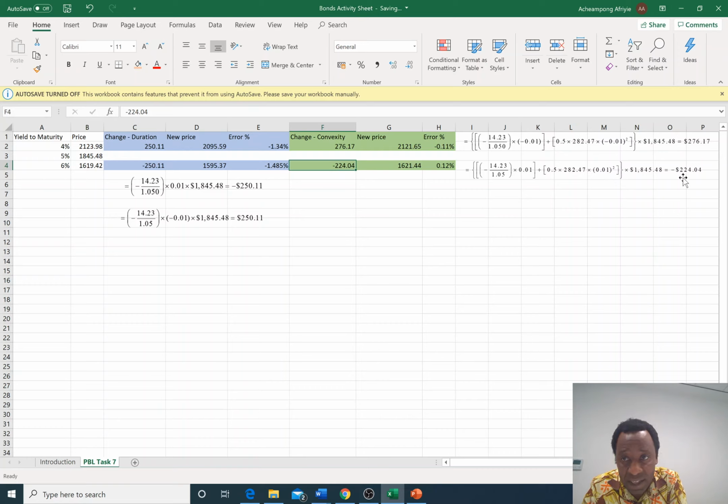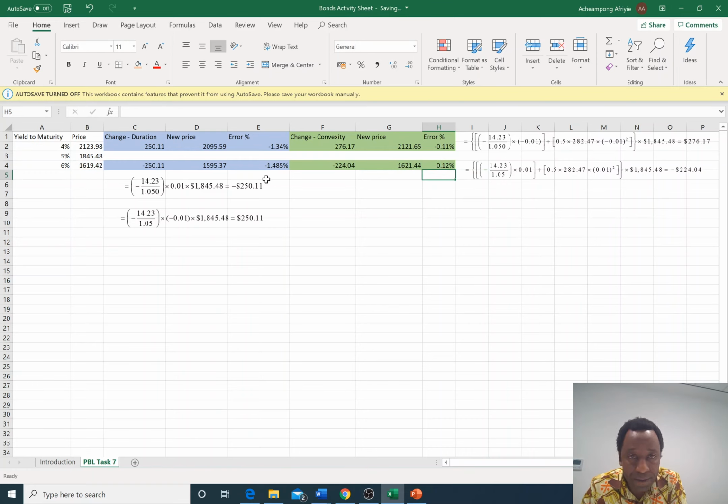That would have predicted a change of negative 222.04. Again, what we do is we add that to the truth, and that would have given us a prediction of 1621.44. Of course, it's not perfect. However, because it picks up the curvature, it gives us a smaller error if we compare the predicted price with the truth.